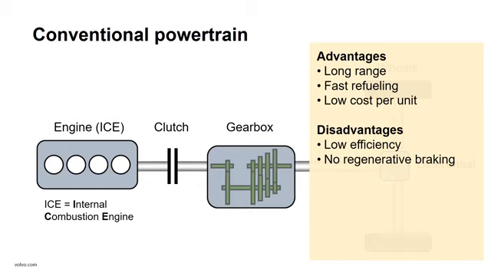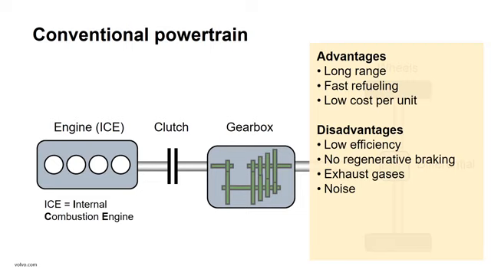Low efficiency, only about 15 to 35%, depending on the type of driving situation. Energy is not recuperated when braking, no regenerative braking. Pollution due to exhaust gases, and noise. The disadvantages with combustion engines might be too much of a problem in current and future traffic or transport situations. Therefore, there is a need for alternatives.